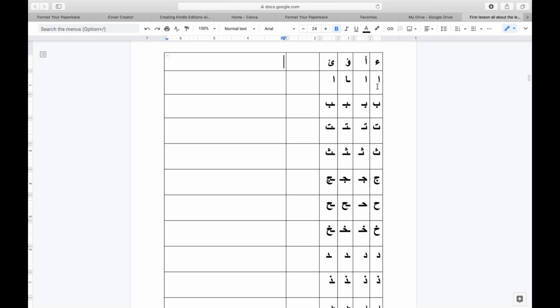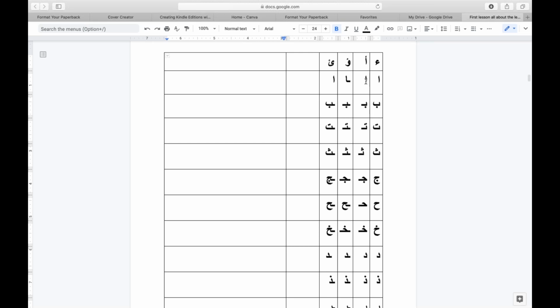The letter Alif has just two shapes. Alif, this shape and this shape. And this shape will happen when there is any letter coming after it, and that will attach.